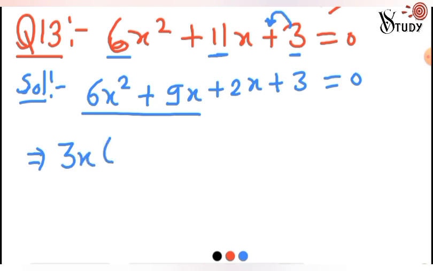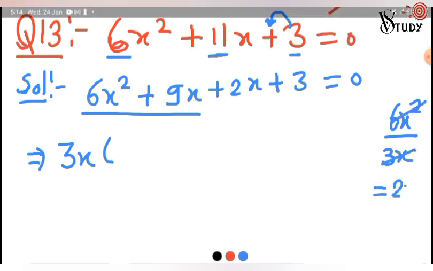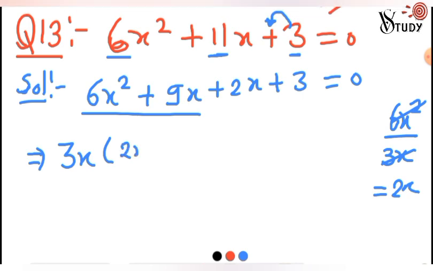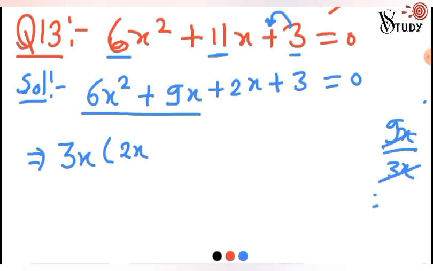When 3x is taken common from 6x square, it is divided. After dividing 6x square by 3x, we have 2x as the final answer. In the same way, when 9x is divided by 3x, we have 3 as the final answer.